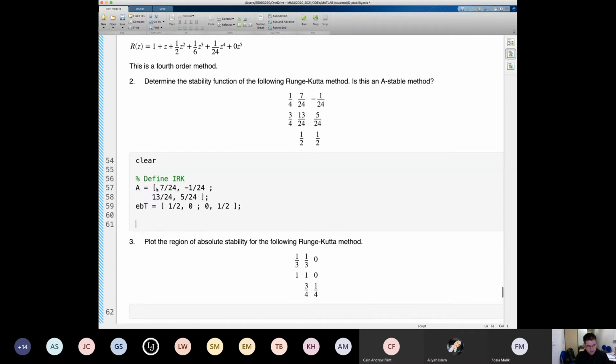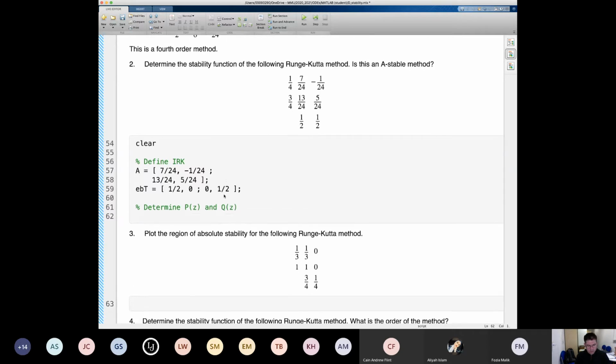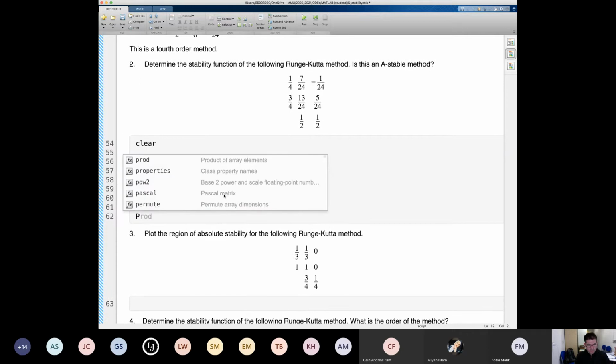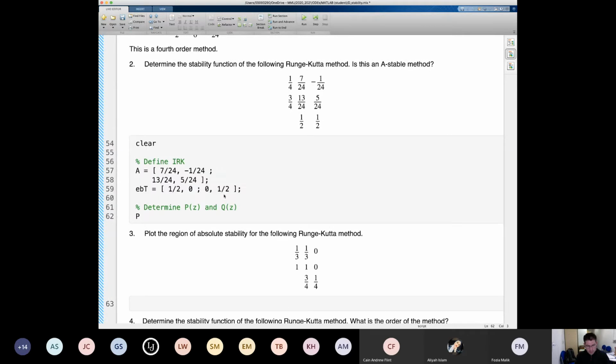Now what I'm going to do is determine P(Z) and Q(Z). I'm going to use functions for these, it's a little trick you can do. The first function is p, the numerator. I define p equals at z.